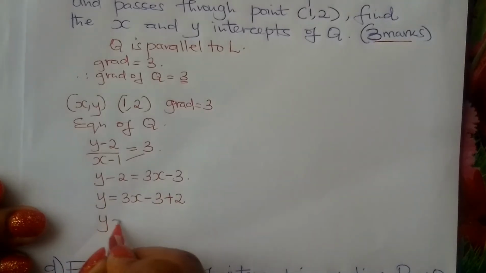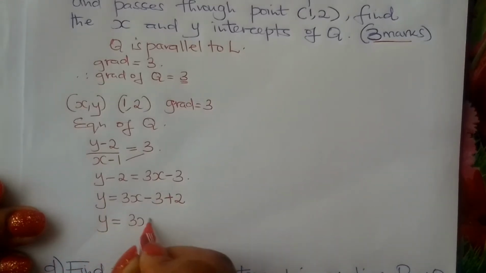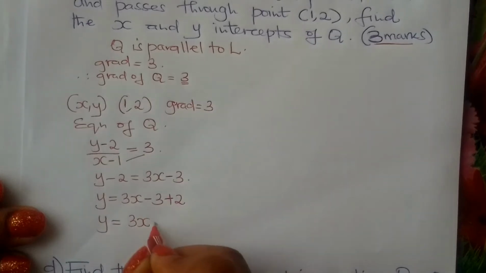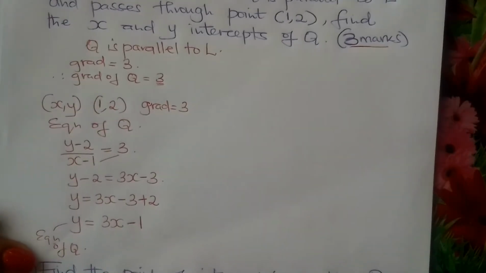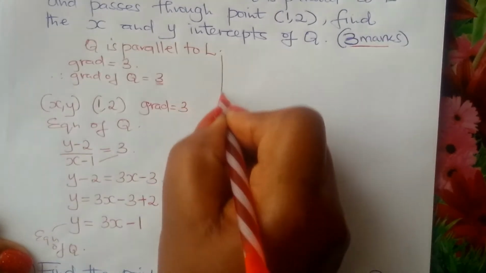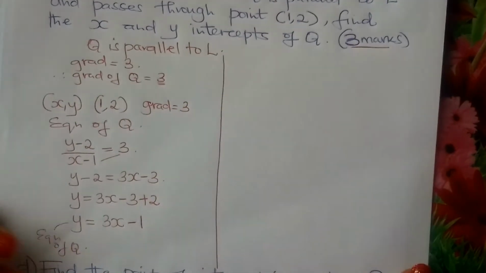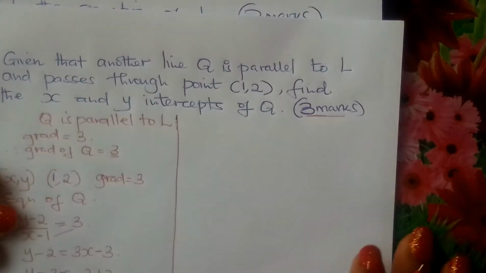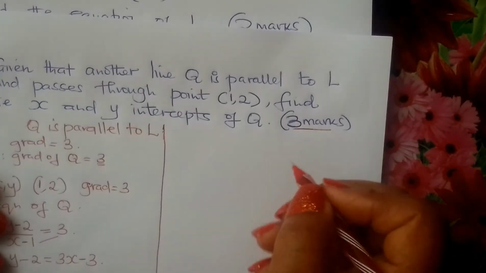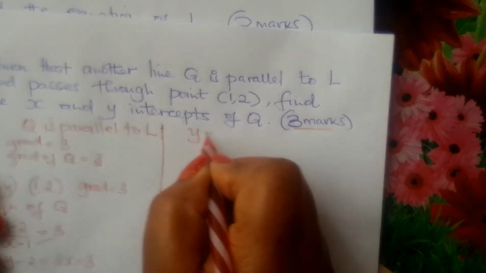And therefore, learner, y is equal to 3x minus 3 plus 2 gives you minus 1. So this is the equation of Q. With the equation now, learner, we are told to find the x and the y-intercept. So how do you find the x and the y-intercept? So our equation is this.